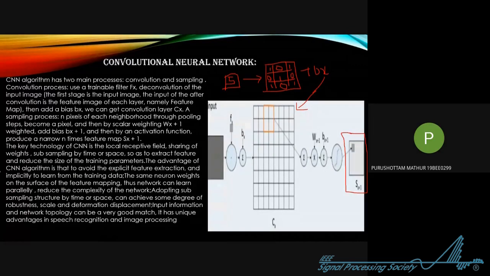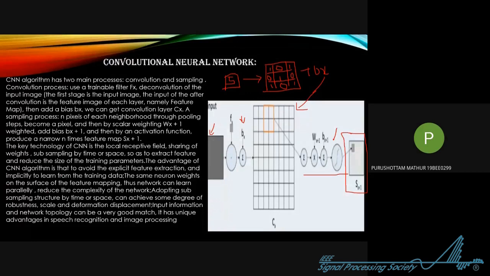Some features are added by bias, and then we classify using the activation function.